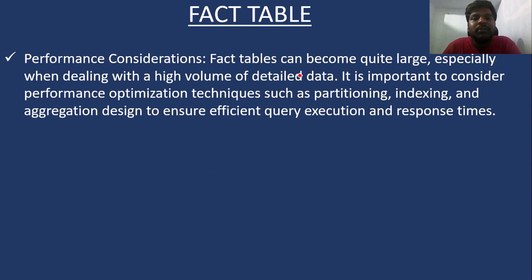With respect to performance considerations, if the fact table contains large data, it can become a huge volume of data. So few optimization techniques are used, like partitioning, indexing, and also aggregation, or we could say summarizing, to ensure efficient query execution and response times. This is with respect to fact tables.